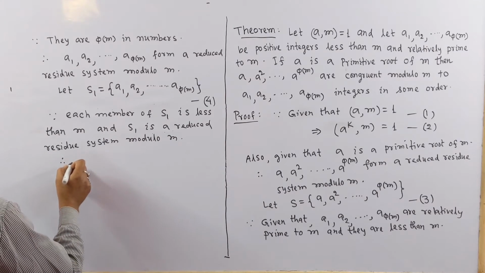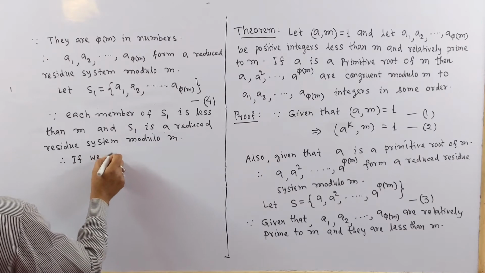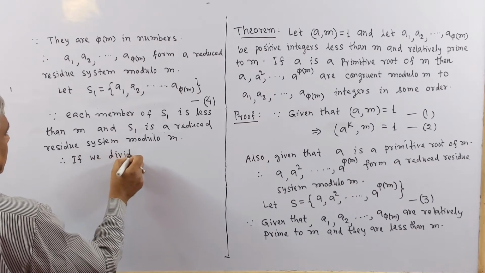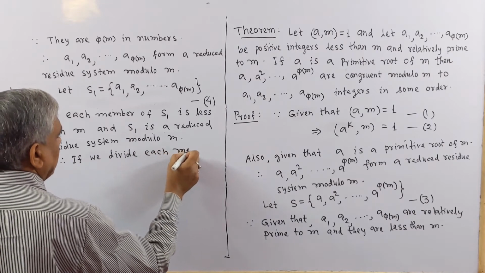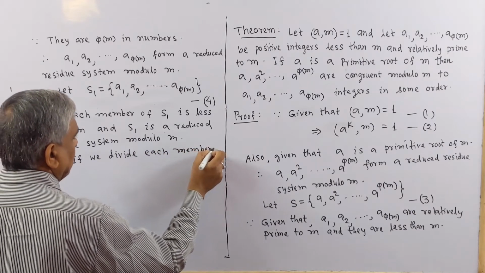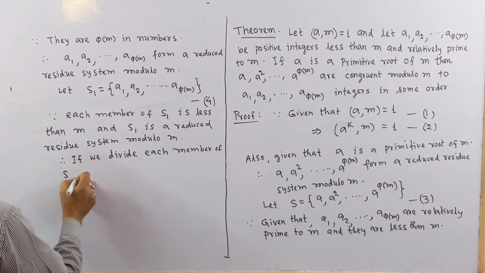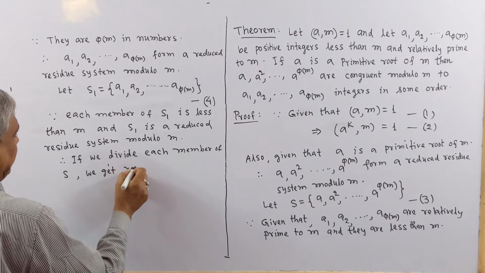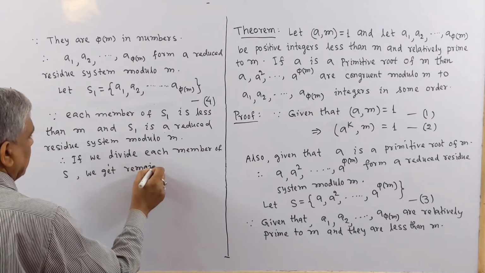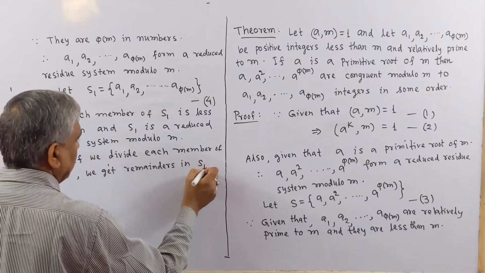Therefore, if we divide each member of S by m, we get remainders in S1.